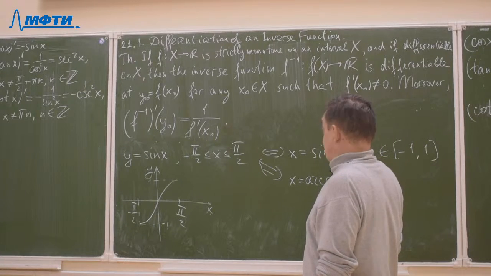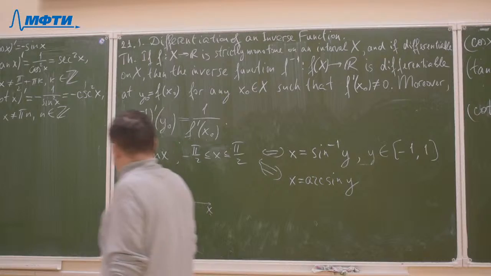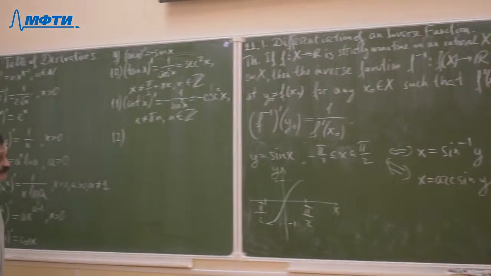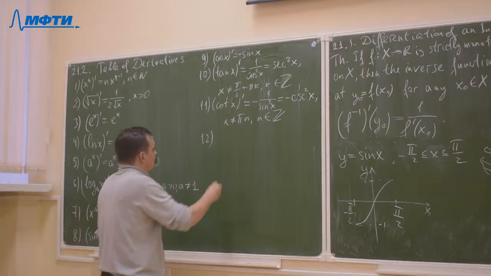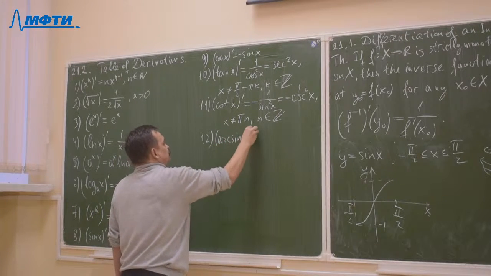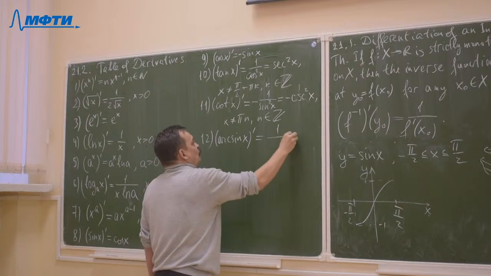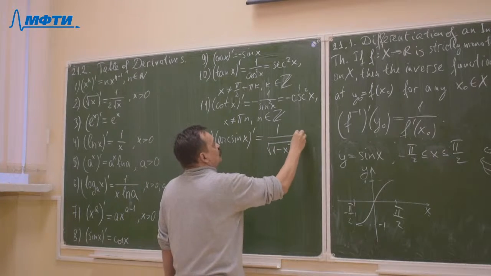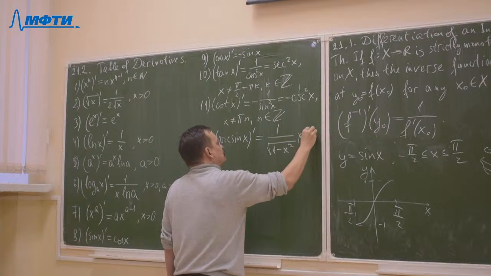So what about the derivative? Since arcsine is used in your lecture notes, I'll start with arcsine. The derivative of arcsine is 1 over square root of 1 minus x squared, and here x is in an interval.